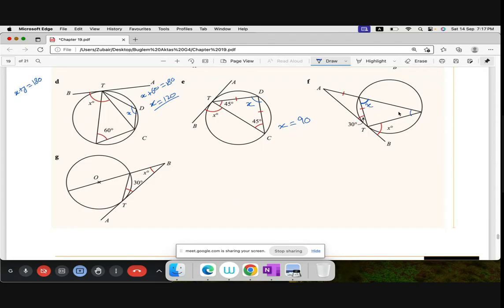That would be 30. What should I write here? That would also be 30. What is this angle? 120. And what's x? 60. And I think this was not required. Last one.